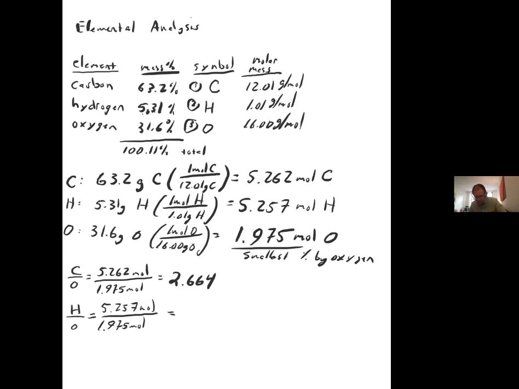So it looks like you got 2.661 or 2.662 actually. These two only differ in the fourth significant figure. They're very close to each other. And then, of course, oxygen divided by oxygen. You don't really have to work this out. This is going to be obvious. It's 1, right? 1.975 divided by itself. That's just going to be 1.